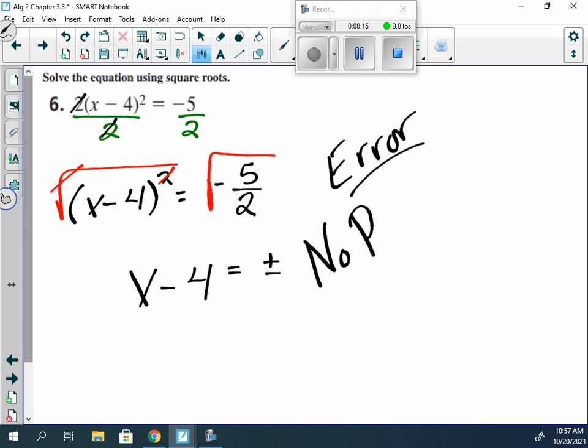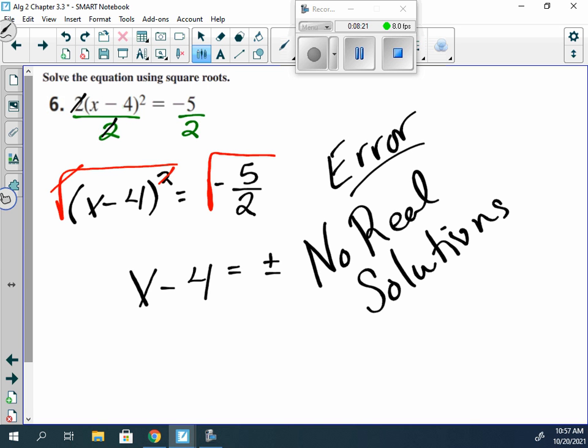This is our no real solutions. There are no real solutions. Because as we just said, there's no way I can multiply a number by itself and it turn out to be negative. It just doesn't work.